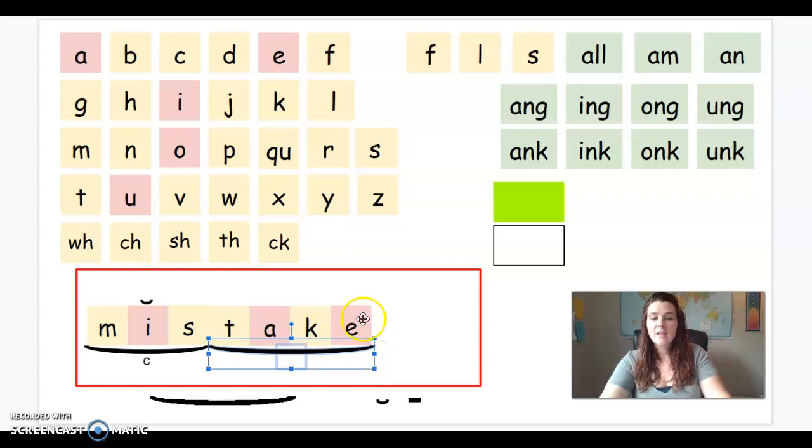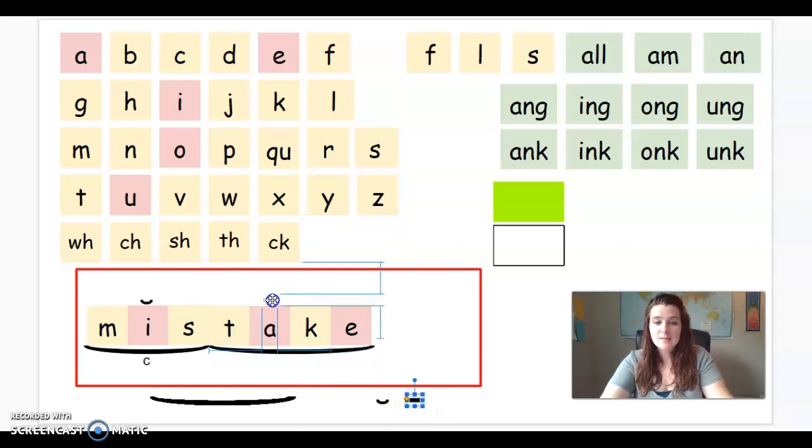Now, that last final E, what does it tell this vowel to do? It tells it that it needs to say its name. It's a long vowel. So let's put our macron above the A because this is a long vowel sound. It says A. So what happens to that E then?